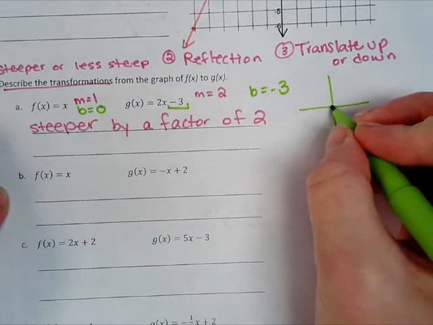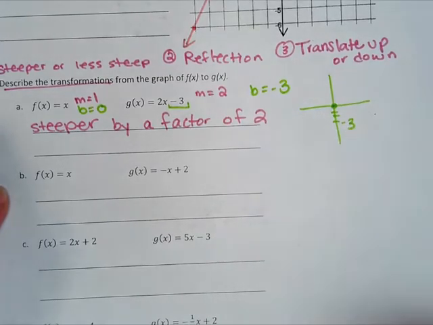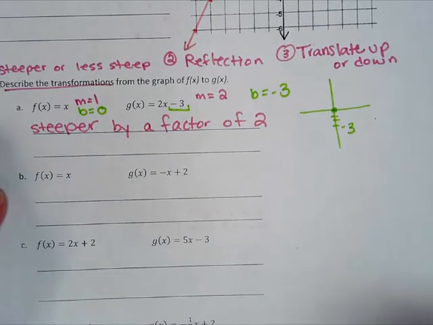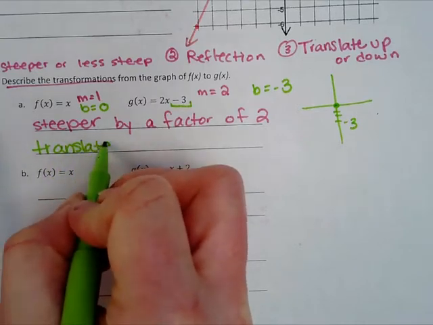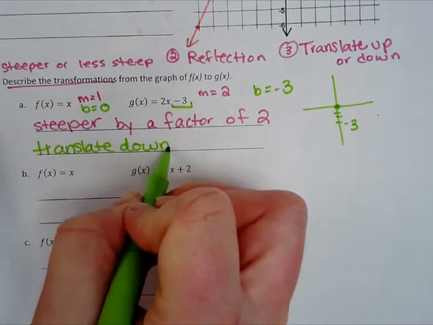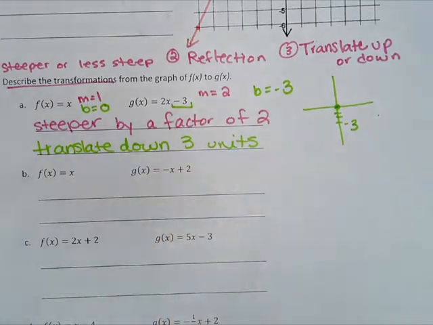So the original is at 0, and then the other one is at -3. So how did it translate? Down, yeah. Translate down. How many units? 3. Since I said down, that kind of serves as the negative.